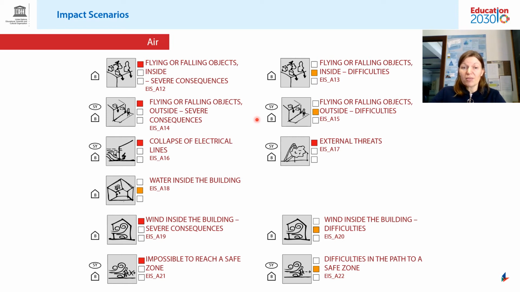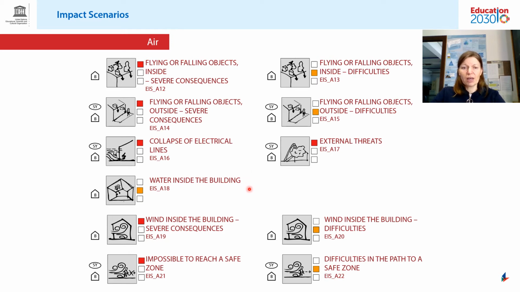Or there could be flying or falling objects outside the buildings, so in the schoolyard, causing severe consequences or difficulties also in this case. There could be the collapse of the electrical lines, causing severe consequences, as you have seen in the video, or external threats like the fall of poles, trees, and so on, causing severe consequences.